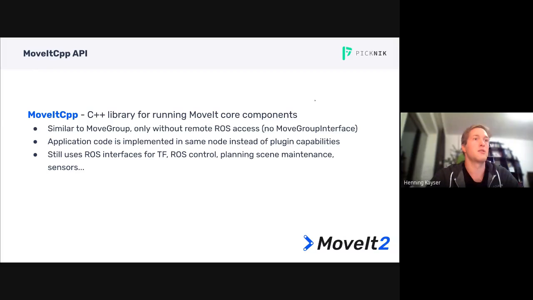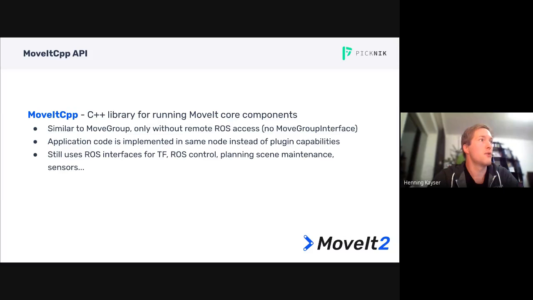It just doesn't provide MoveGroup interface access, and it doesn't implement any capabilities. You can just add your application code to the same class that uses MoveIt CPP. But it still uses all the robot-facing interfaces, all the world-facing interfaces like TF, ROS control, planning scene maintenance, sensor input, and so on.